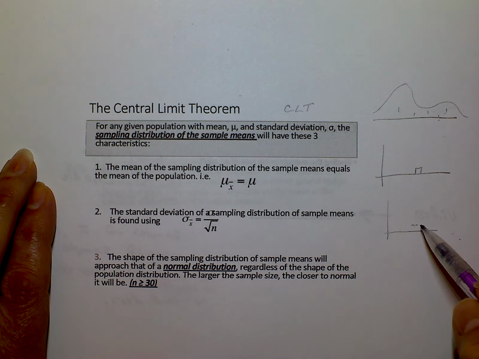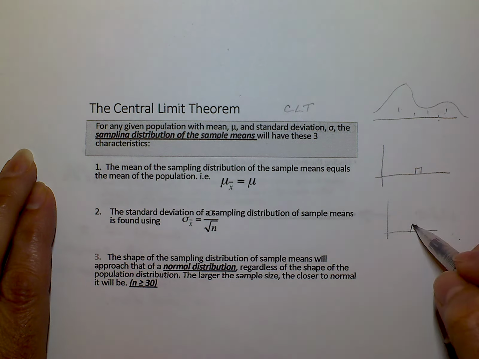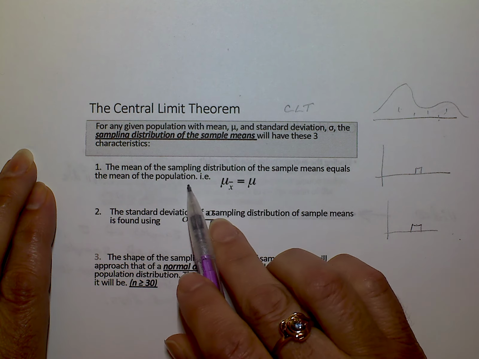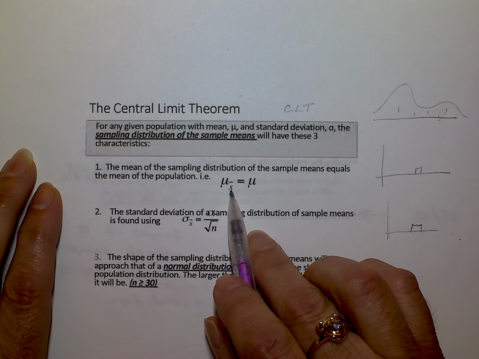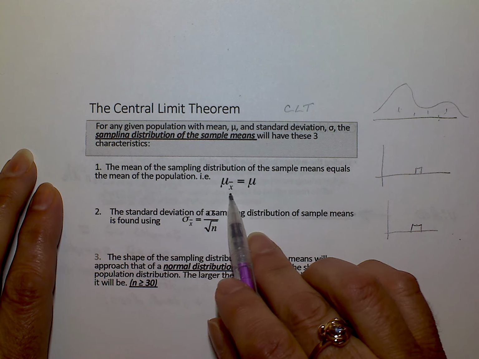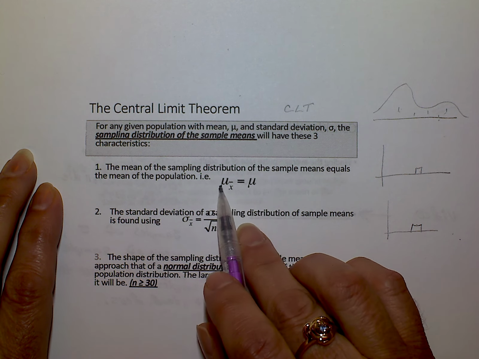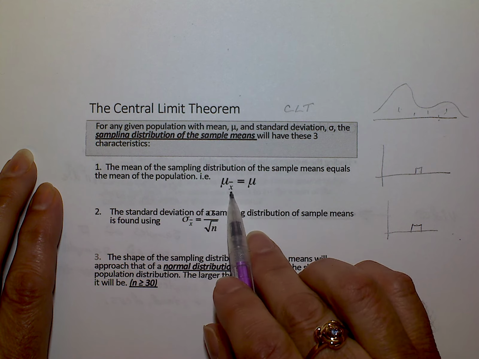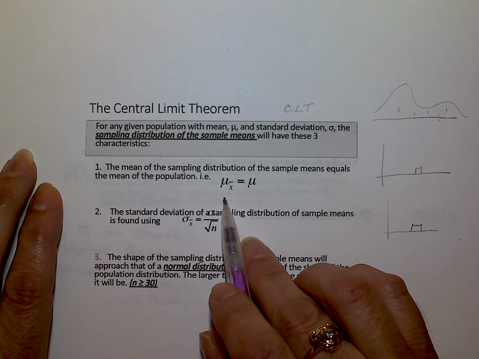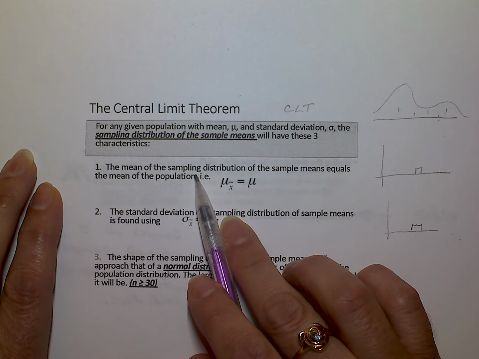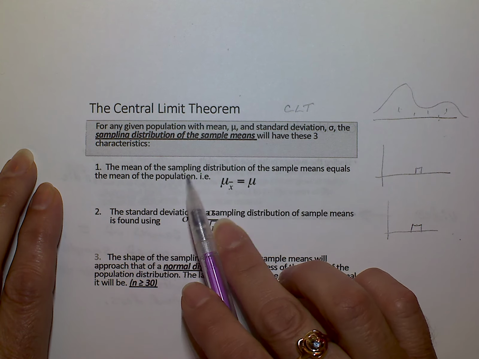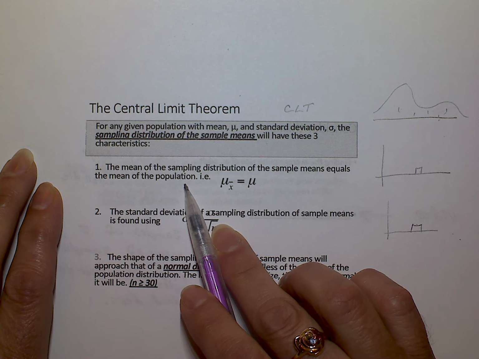Okay, so what happened was that the mean of the sampling distribution, which we're going to call x bar, so this is mu sub x bar, the mean of the sampling distribution of the sample means equals the mean of the population.